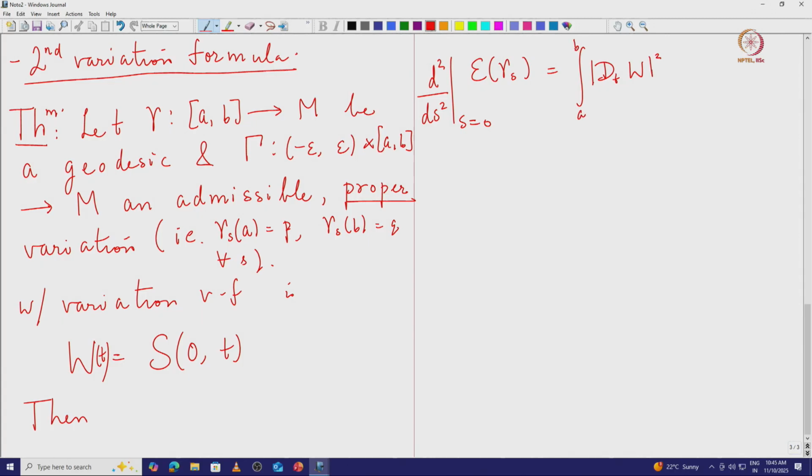Minus, you will have now a curvature term. And of course capital W need not be smooth.